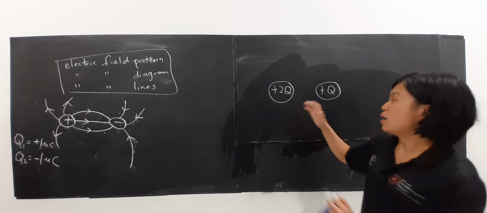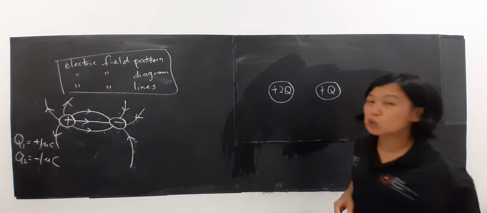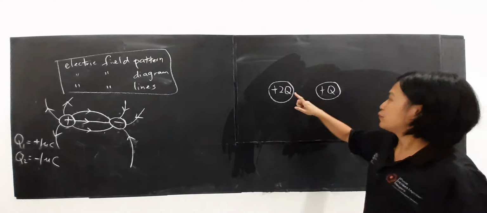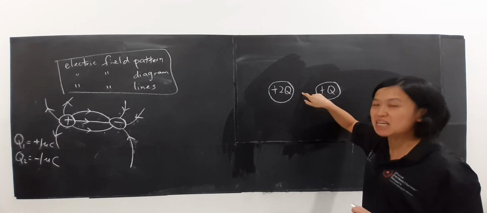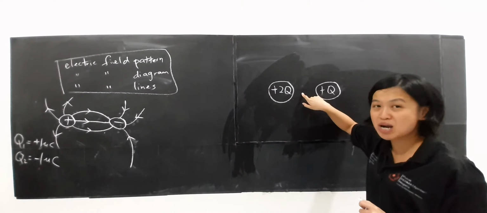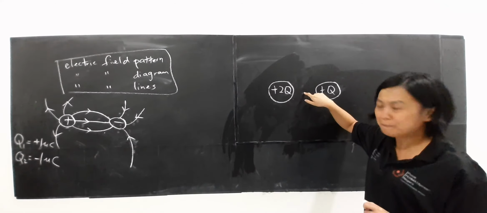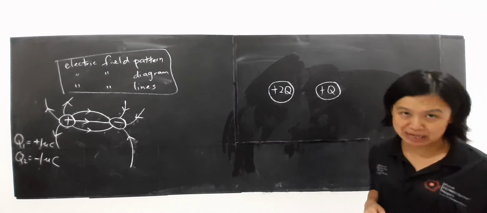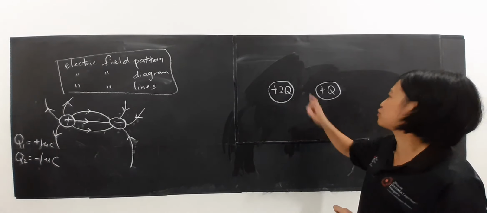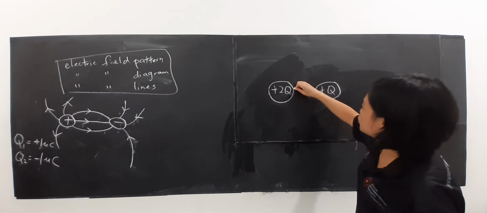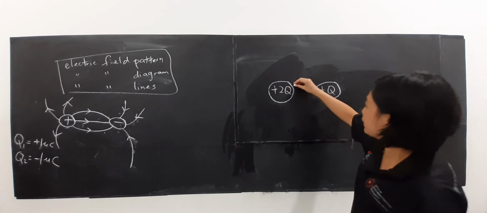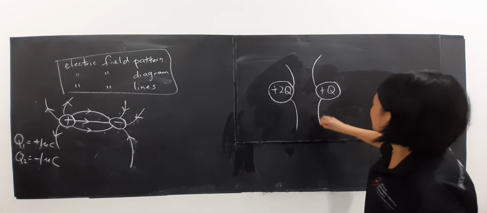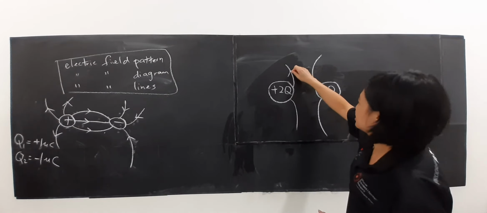As we know, if we bring these two charges close together, positive and positive repel. Repel means at the middle here, the resultant electric field should be 0. It means you can't draw any lines in between like in the first diagram. So never draw a line here. In order to show it is actually repelling, our lines look something like this.